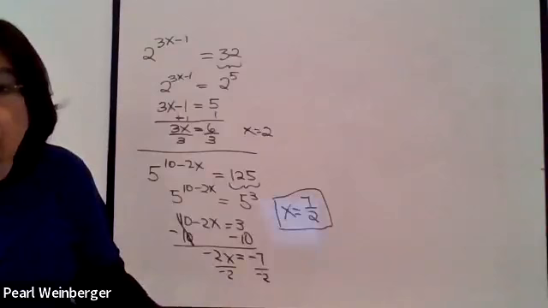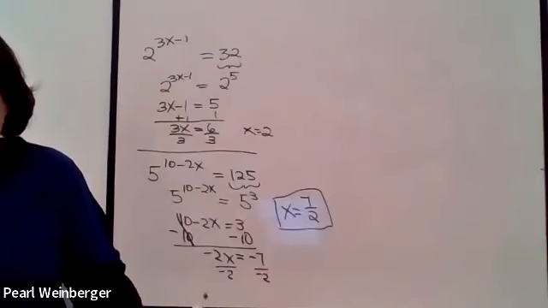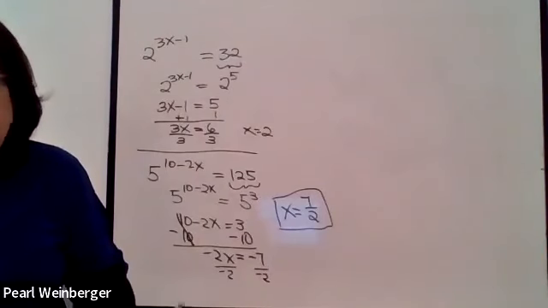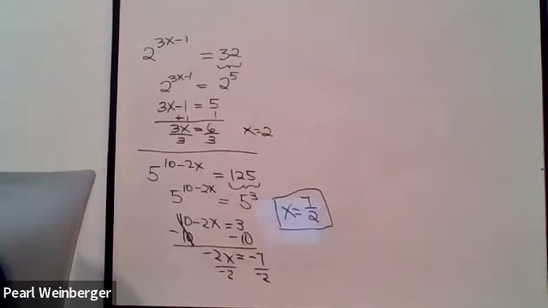It's not always possible to solve these exponential equations this way. After we do this next topic, we're going to learn how to deal with these kinds of examples if we can't get both sides to be in terms of the same base.